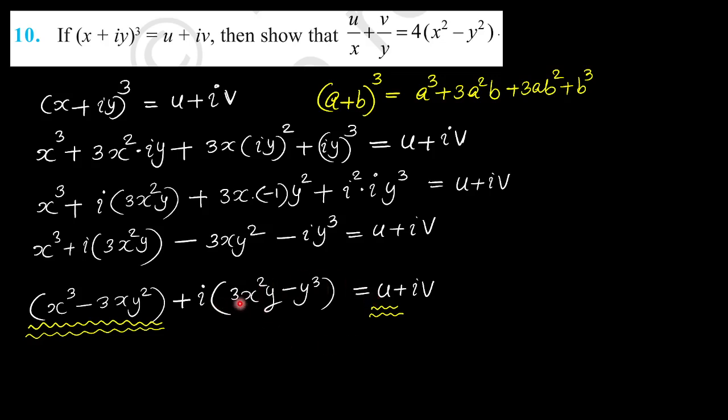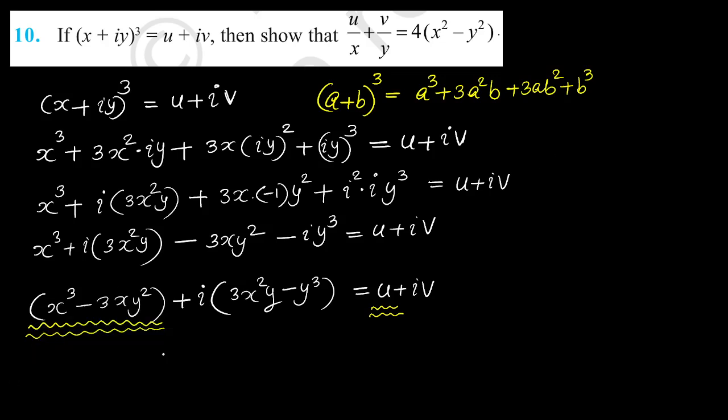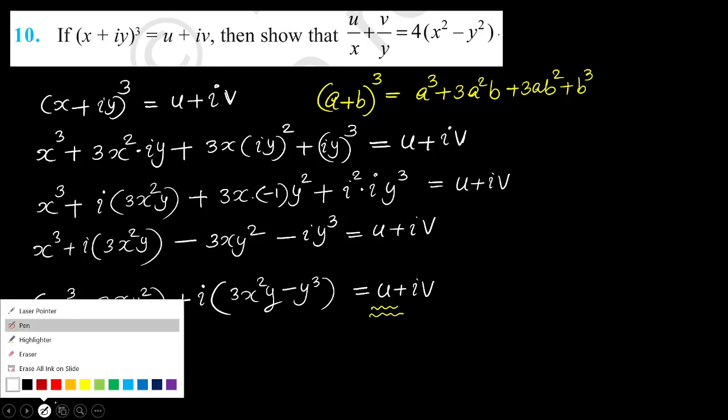Remember, if two complex numbers are equal, we can equate the real part and we can equate the imaginary part. So in the left side, what is the real part? This one, x cube minus 3xy square. Let me write here, in the right side, let me write here.